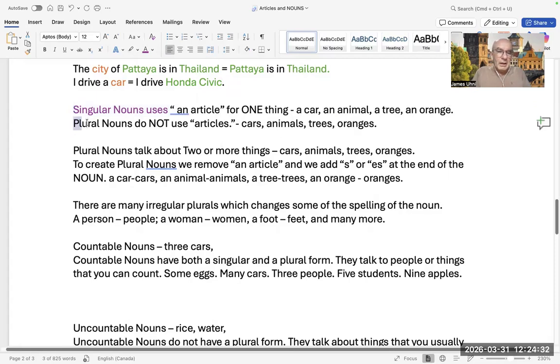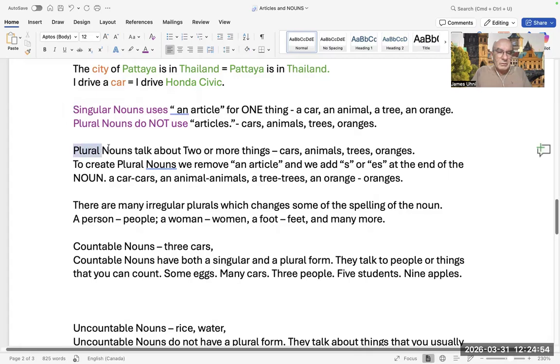Plural nouns do not use articles. This is very important. How do we recognize plurals? It's by the S at the end of the noun. Cars, animals, trees, oranges.